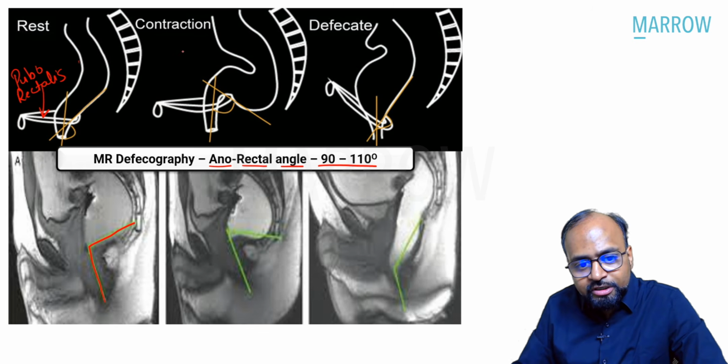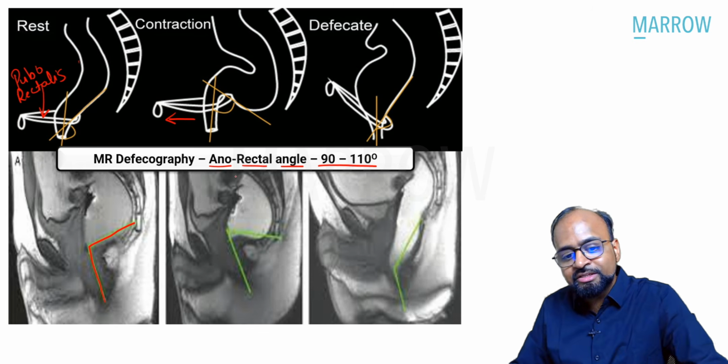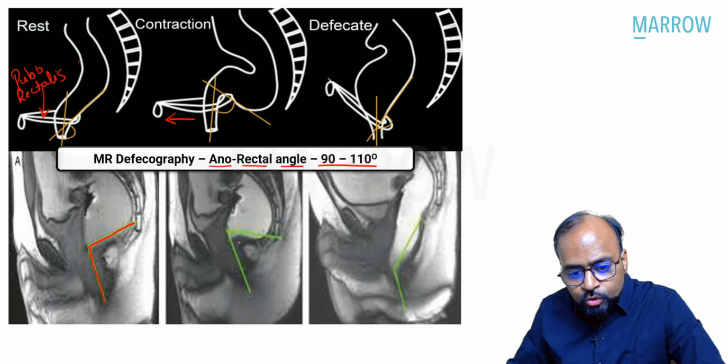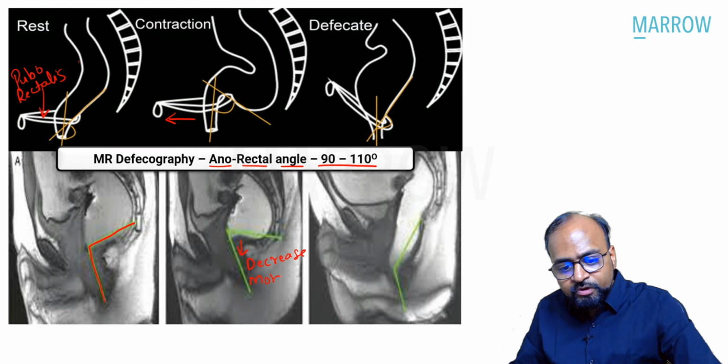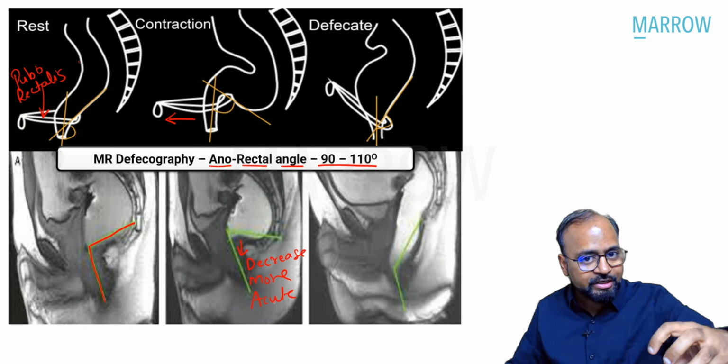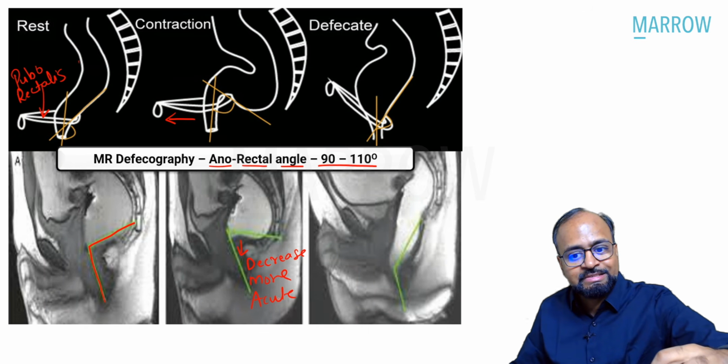At the time of contraction of the puborectalis, just see, if the puborectalis is going to contract, this angle is going to decrease further. It is going to become more acute at the time of contraction of the puborectalis sphincter or sling.